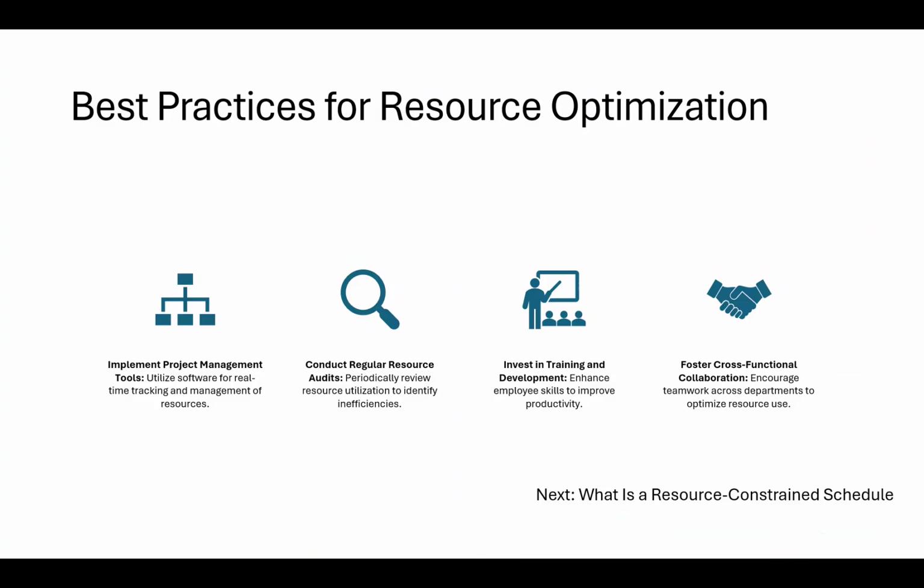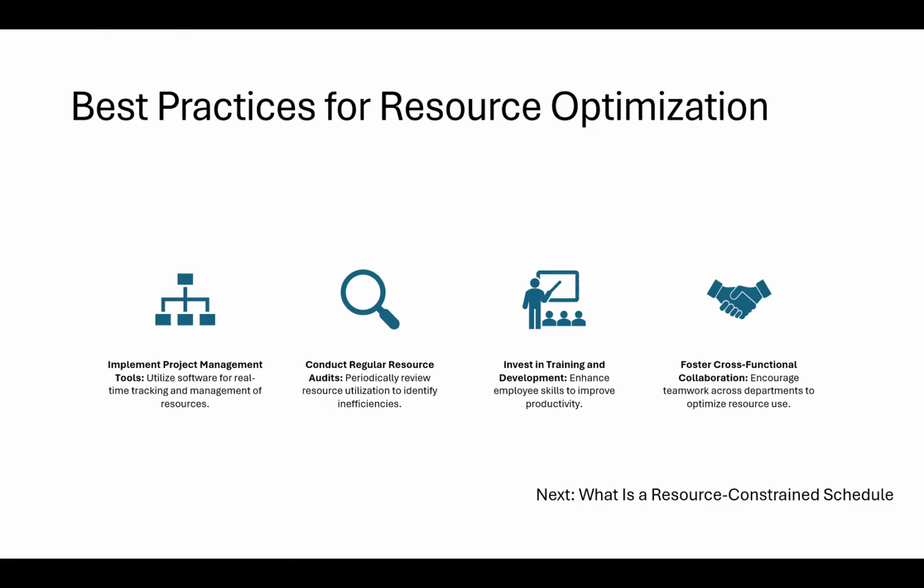Right now, we're not using it, but if you have the time, go try some free examples. They give you a trial. Compare them, see which one you like. Conduct regular resource audits. There's another thing you could do. Cross-train, provide more training, have more employees know how to do different things. Encourage teamwork.